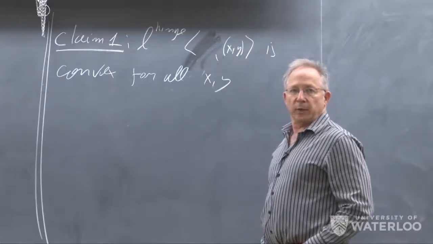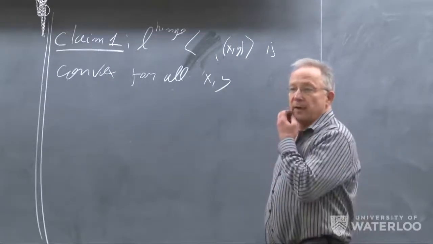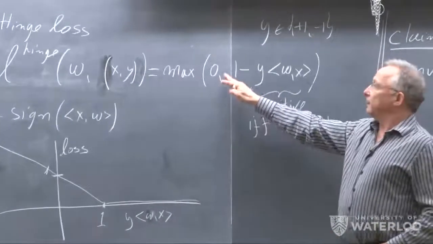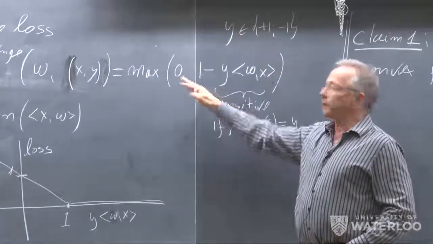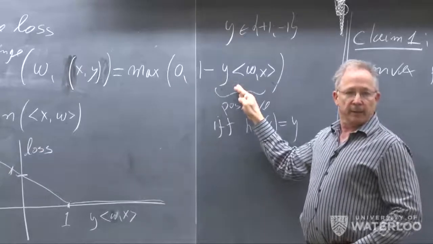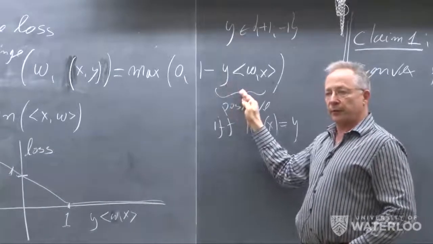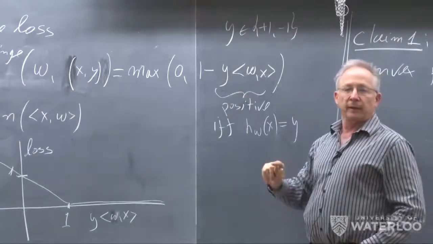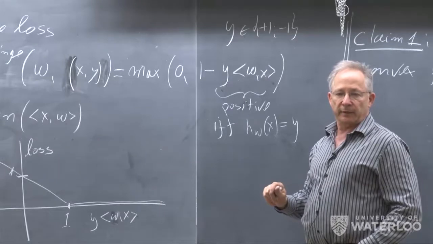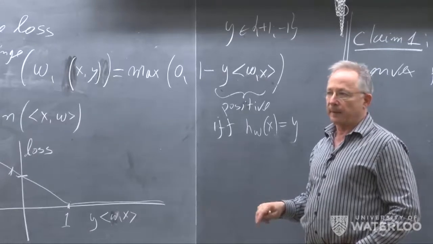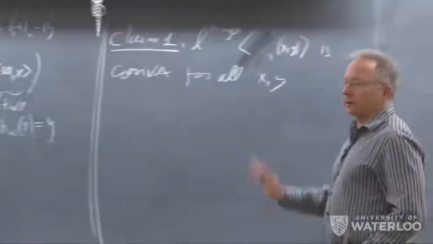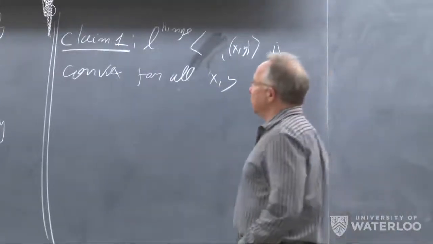This goes back to our discussion of convexity. Because this is a maximum of two functions. You remember that we saw that if each of two functions is convex, then the maximum is going to be convex. So as a maximum of two convex functions, it's a convex function. We had a concrete statement about that. It goes back to our discussion of what are convex functions and the closure of the family of convex functions.